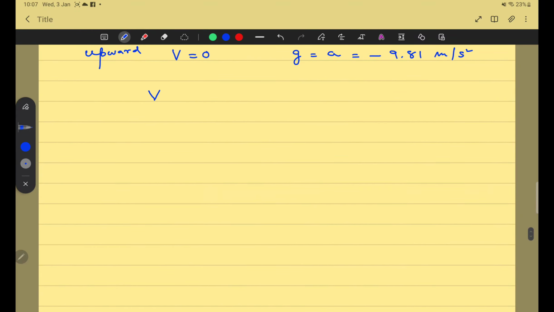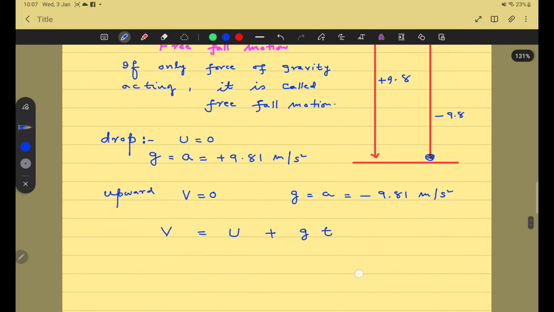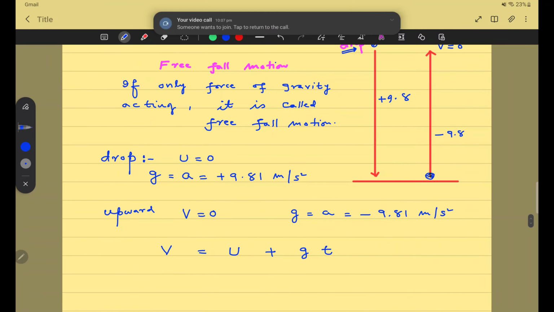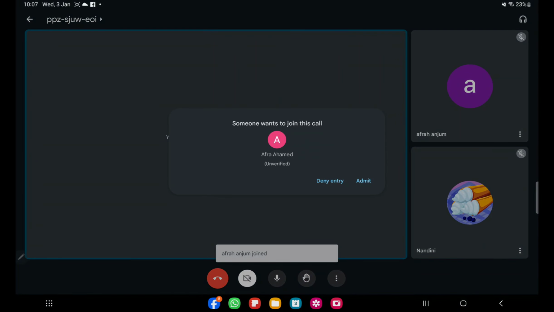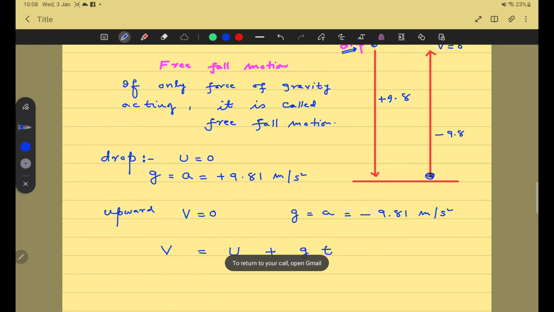The first equation of motion is v equals u plus at, but I am writing gt instead of a. So the first equation of motion is v equals u plus gt; I have replaced acceleration by g.